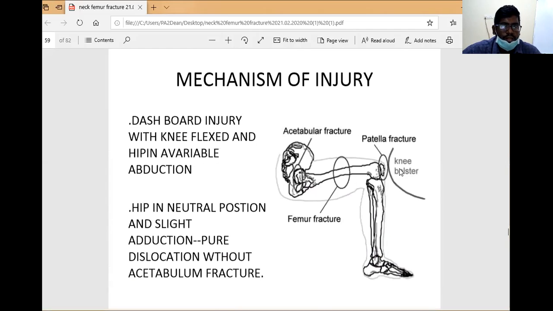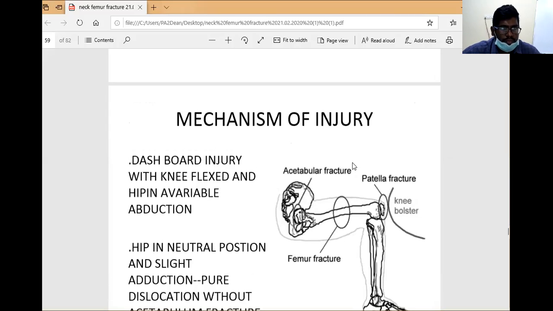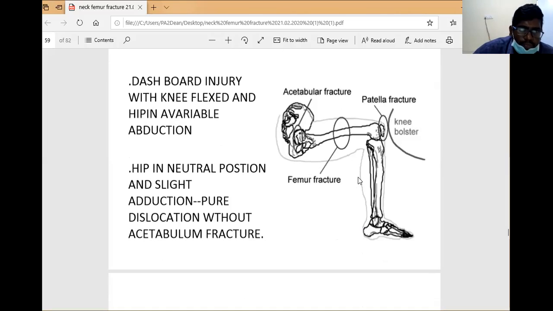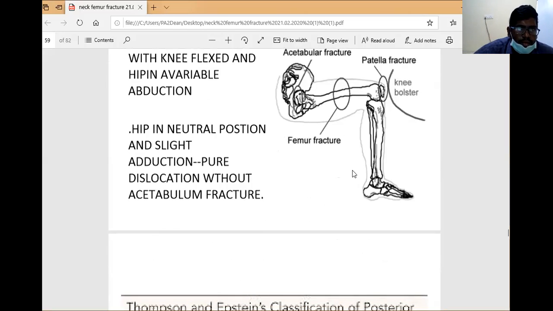If there is any collision, that force is transmitted along the shaft of the femur, and there may be dislocation of the hip with or without posterior acetabular wall fracture. In this position, the associated injuries are patellar fracture and shaft of femur fracture. So posterior dislocation, with or without fracture, depends on the position of the hip. With the hip in neutral position and slight adduction, pure dislocation without acetabular fracture occurs.